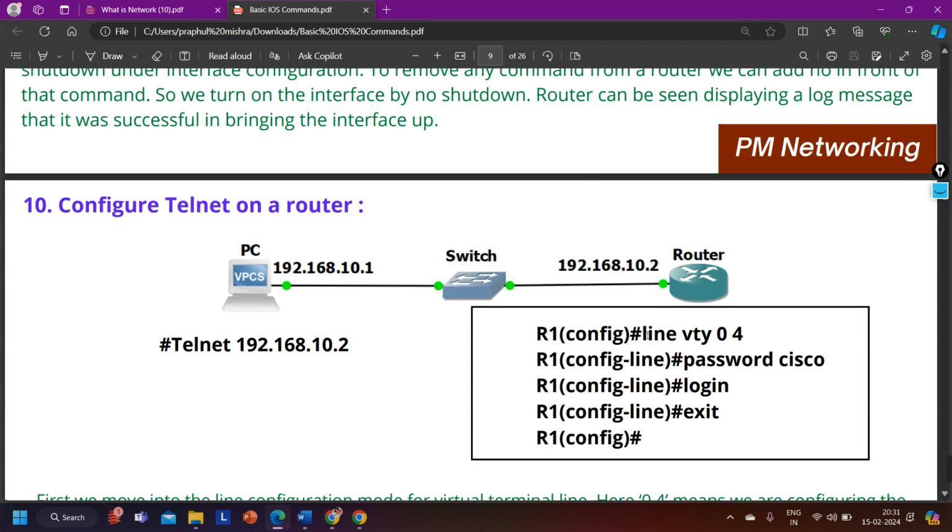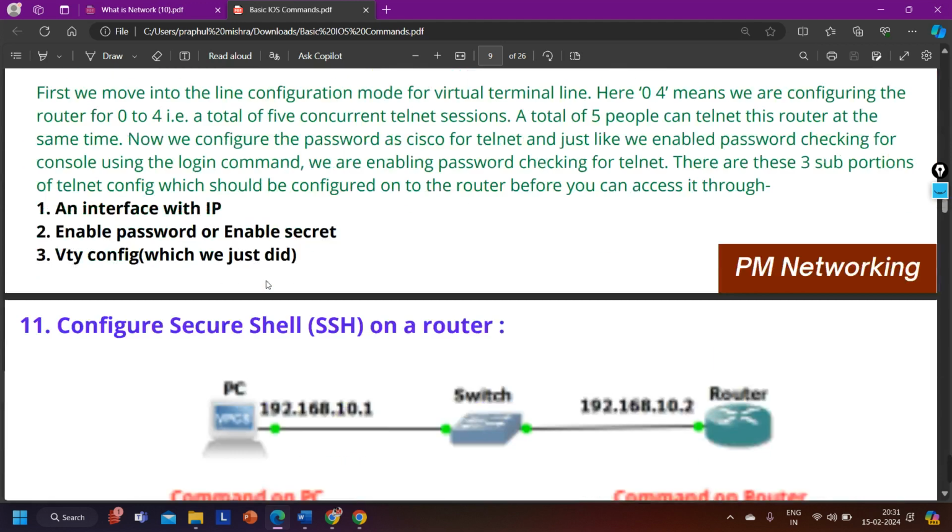But this is just a command to configure it, because as I told you, if you have just purchased a new router from the market, you have to do some initial configuration, like you have to enable SSH or telnet protocol there. You have to configure the host name, you have to protect your router. That means you have to configure the password on all line interfaces, right?